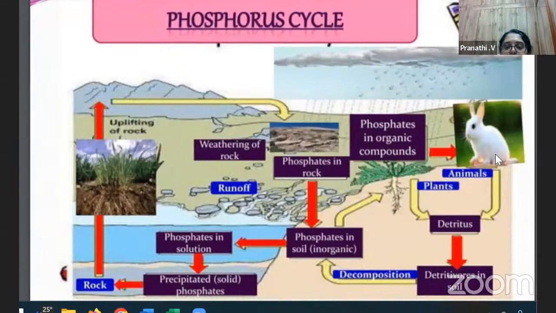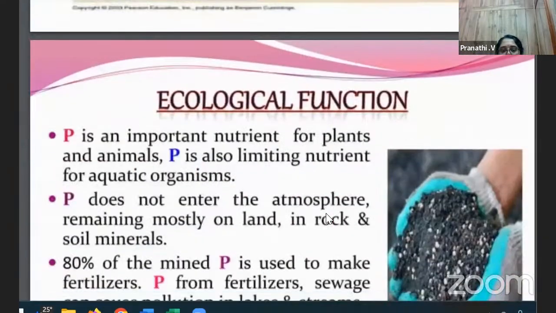And then animals consume the plants, primary, secondary, tertiary, doesn't matter. So then it is again death, decaying, or whatever waste is released by the plants or the animals, that is the consumers, treated by the detritus and the detritivores in the soil, decomposition, and gives back the inorganic phosphate. So this is the phosphorus cycle that is present.